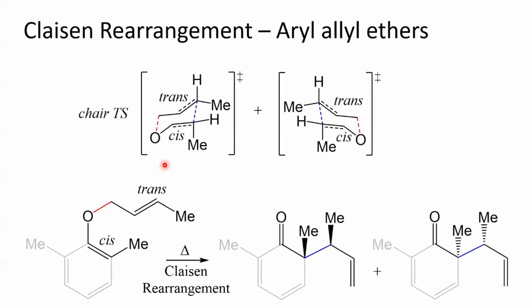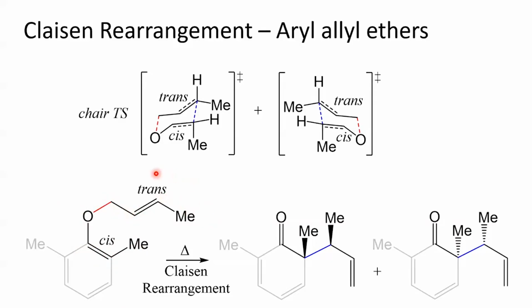in the transition state. Now, the way to do this is we look at the starting material, specifically at the double bonds, and we assign the methyl groups into either a cis or trans configuration. For our lower double bond, we can see that our methyl group is cis in relation to our oxygen. For the top double bond, we can see that the methyl group is in trans configuration.